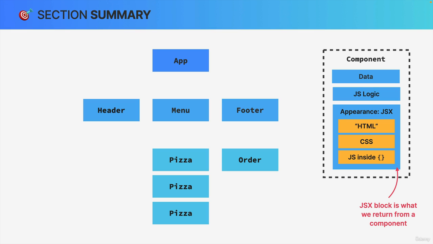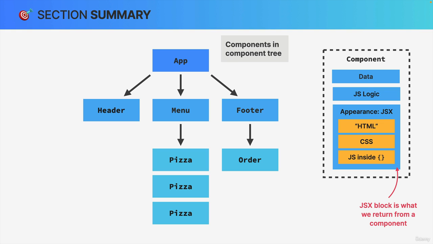So again, using JSX. Now, a complete application is usually composed out of many different components, which are then organized into a component tree like this one. So in a component tree like this, the components that are at the top have included or used the components that are below them, which makes them their parent component.